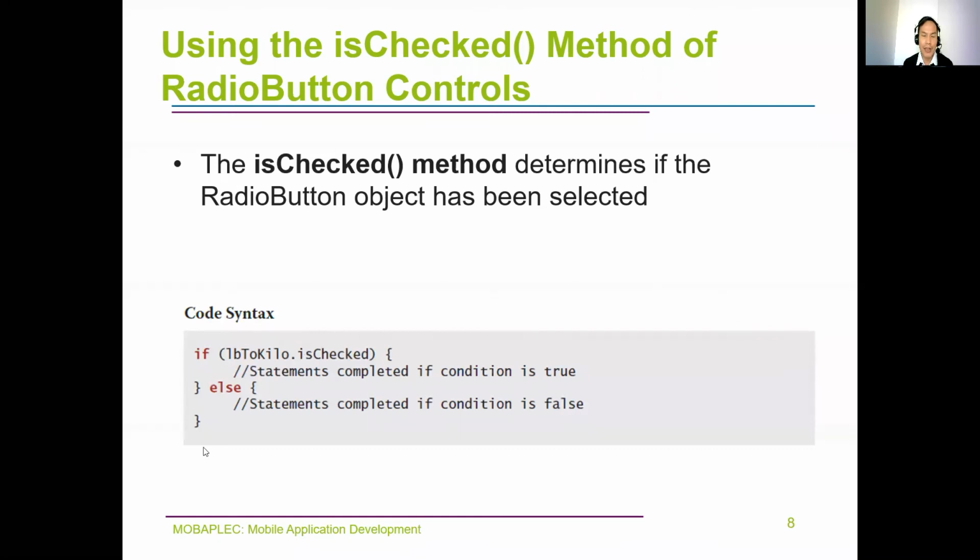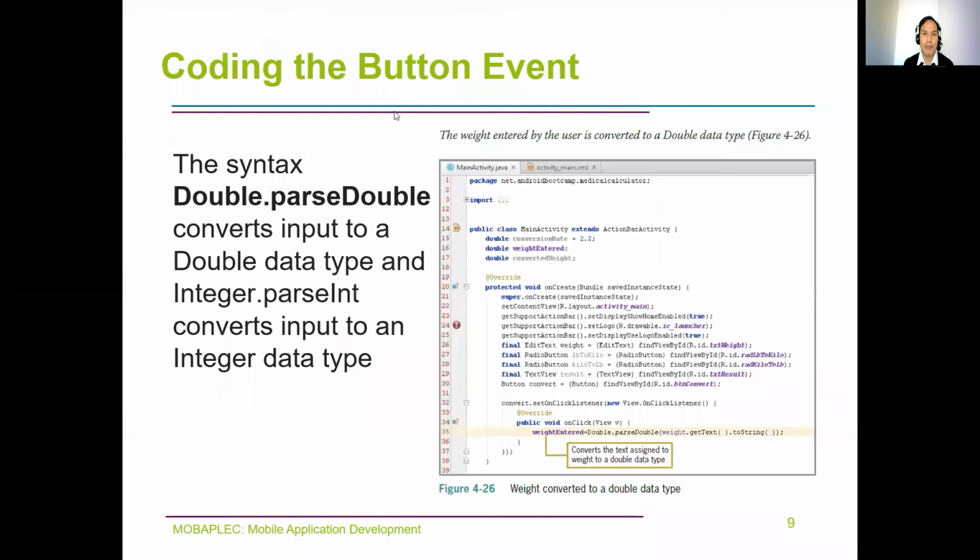So technically, if it's selected, for example, if the label kilo is checked, then complete the statement that it's actually true. If, then else, or otherwise false. So that's the isChecked method. You have to include that isChecked. Clear?